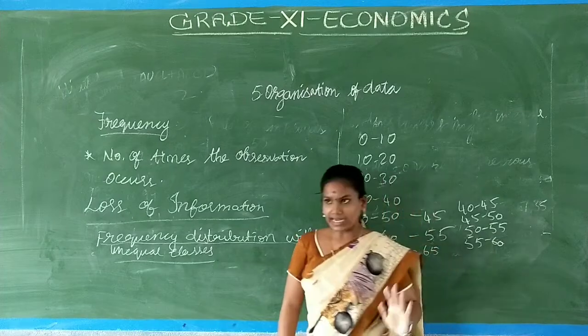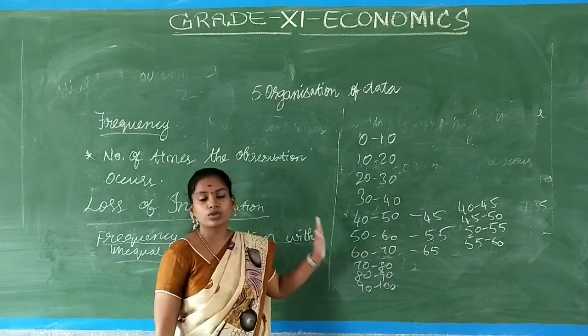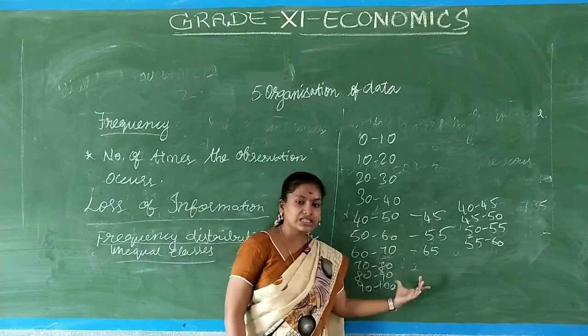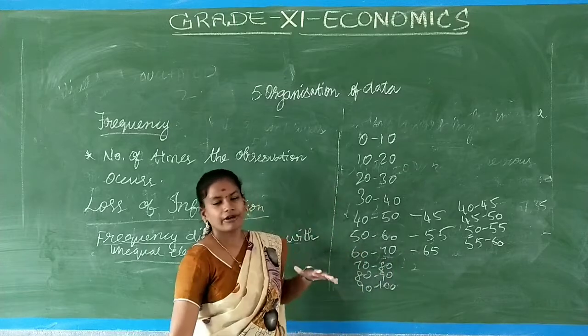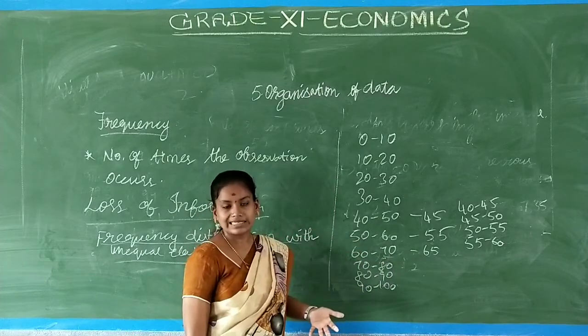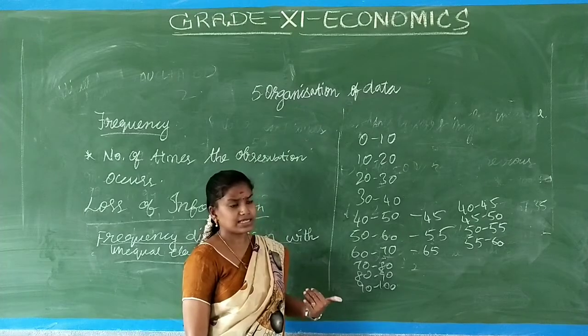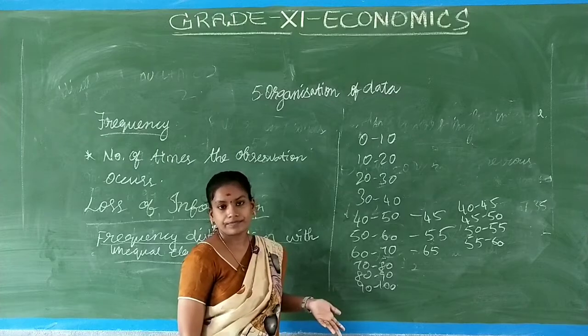The other classes remain the same with class width of 10, whereas these classes are divided and the class width comes to 5. For better understanding, so that the frequency becomes less. When the frequency becomes less, it is easy to study. That is why we are using it.